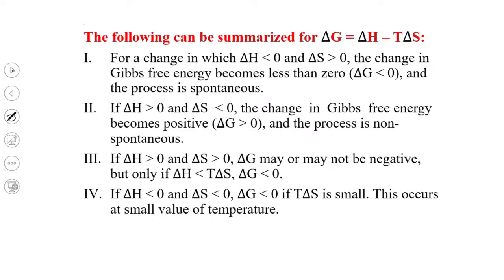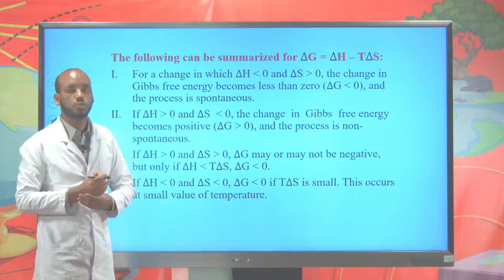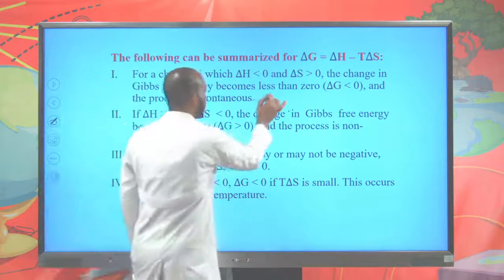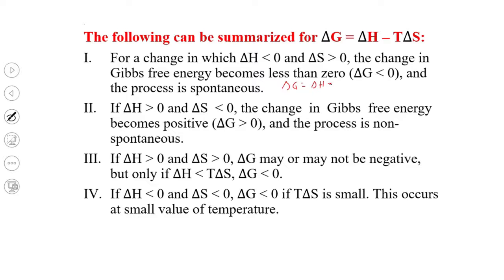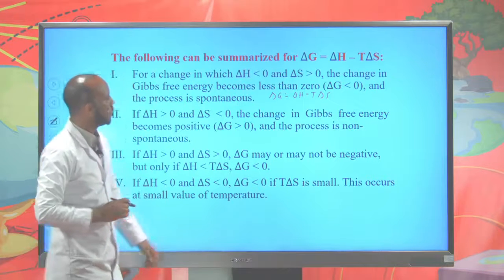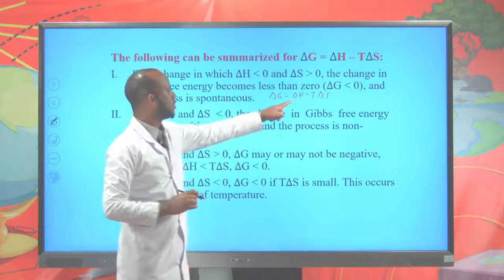The following can be summarized for delta G equals delta H minus T times delta S. 1. For a change in which delta H is less than 0 and delta S is greater than 0, the Gibbs free energy change becomes less than 0. Delta G is less than 0 and the process is spontaneous. Here delta H less than 0 is negative.